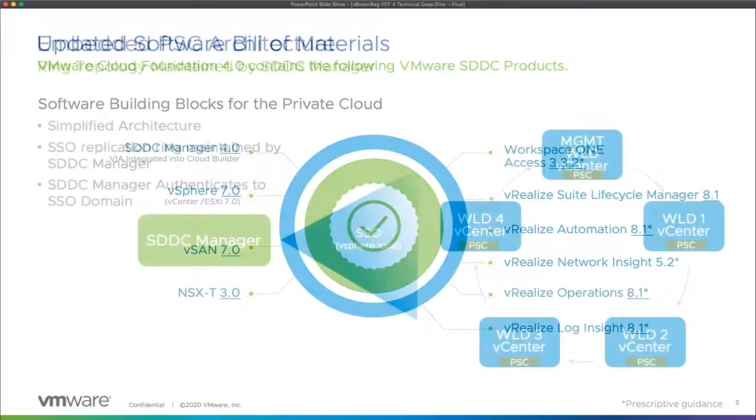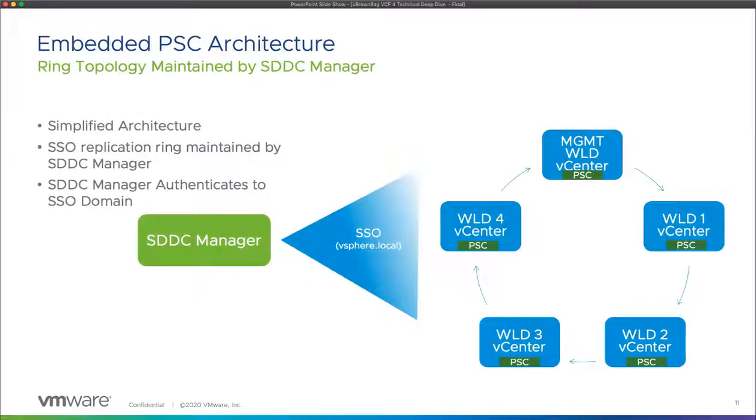I think we covered this a couple weeks ago, but if not, this is a change in the architecture. Now we have a simplified architecture with embedded PSCs, where the PSCs are embedded into the vCenter. That was always a point that customers brought up to us historically.